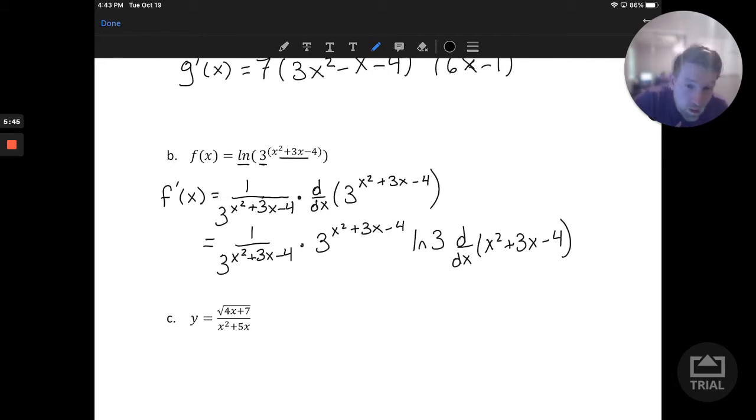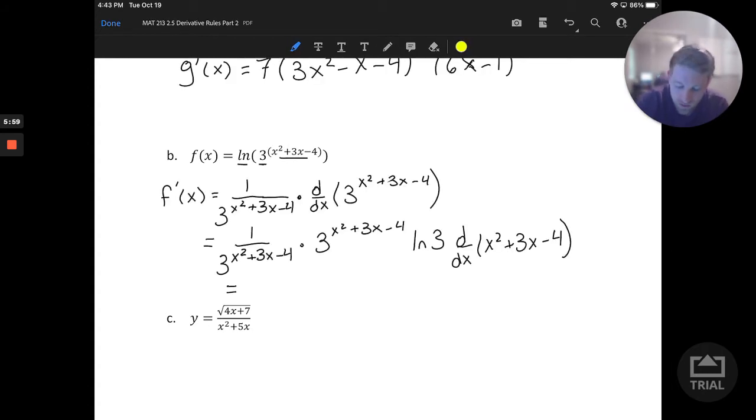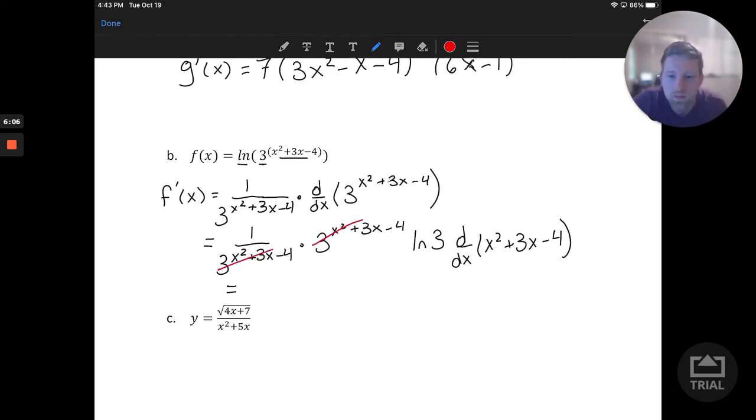So I have one more inner derivative to take now, and we can see how this is going to simplify as we go here. So let's make one simplification. Notice that the exponentials here will actually simplify when I work it out this way, the 3's raised to that polynomial. And I'll be left with ln of 3 times the derivative of that final exponent, which happens to be 2x plus 3.